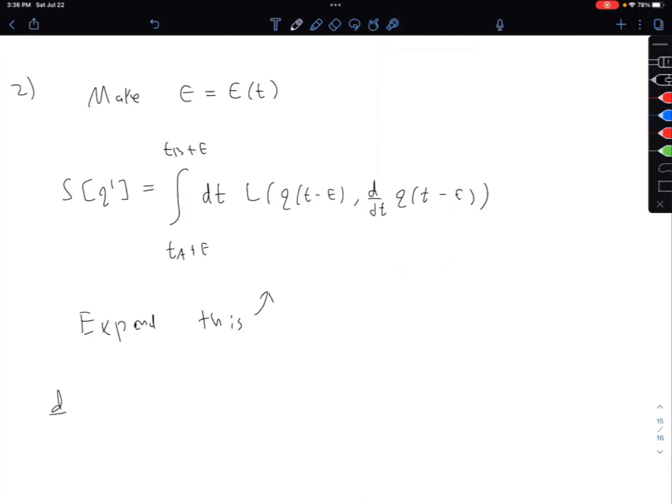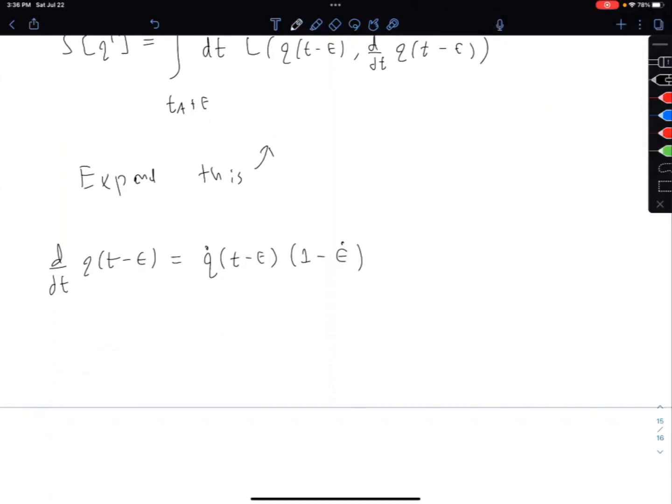If I have d/dt of Q(t minus epsilon), I just use the chain rule. That will be the time derivative of Q evaluated at t minus epsilon, times the derivative of the inside thing, which will just be 1 minus epsilon dot.